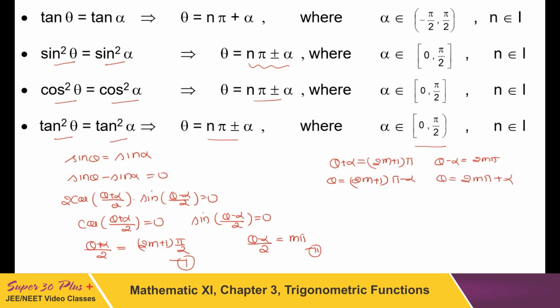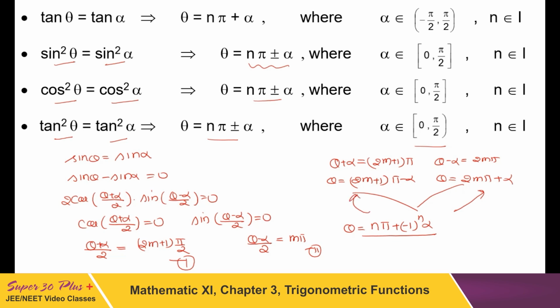Now we can write these two equations simultaneously as theta is equal to n pi plus minus 1 to power n alpha. If n is even, then we can easily obtain this one. If n is odd, then we can easily obtain this one.